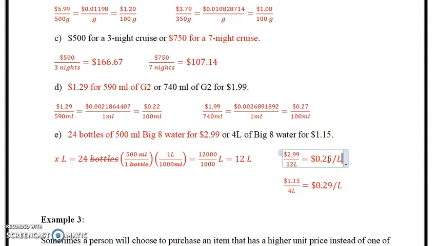So those are things to look at, right? But you would have to add that price in as well, and then divide that. So you're not just paying $2.99. You're actually paying that plus the $2.40.